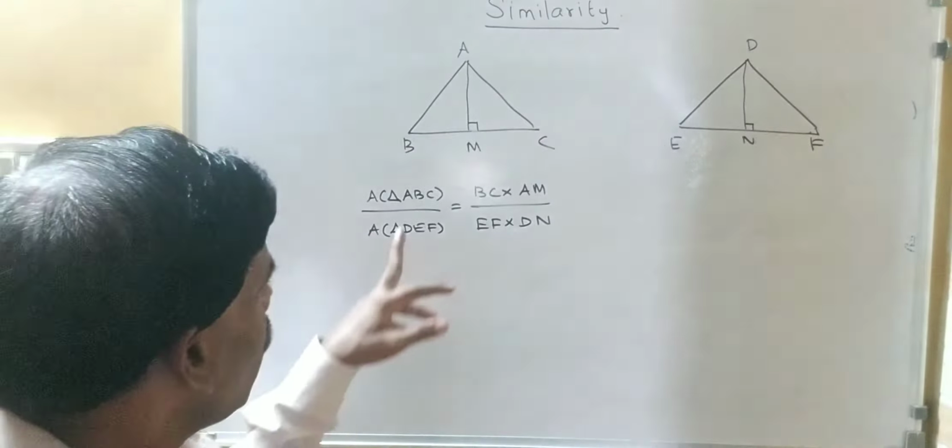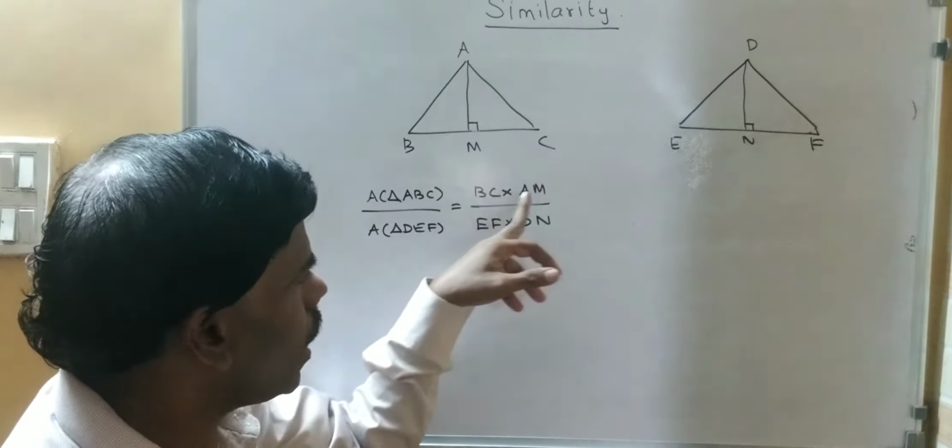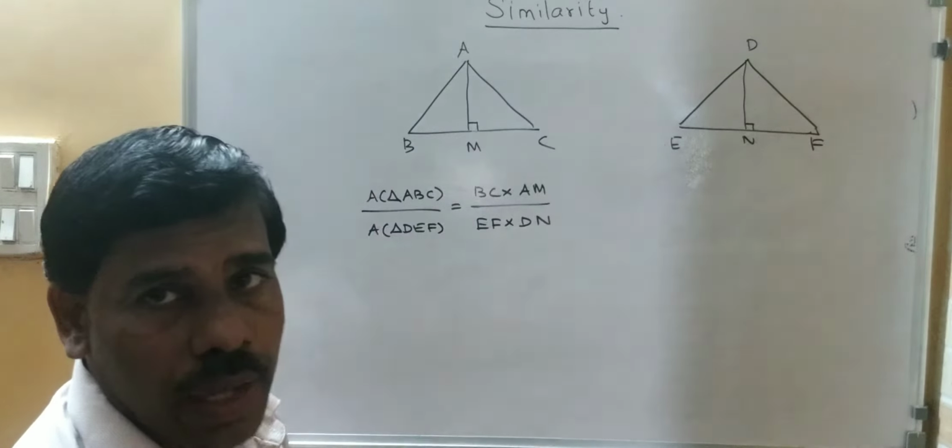Right? That means the ratio of their areas equals the ratio of the products of the base and the heights of the triangles.